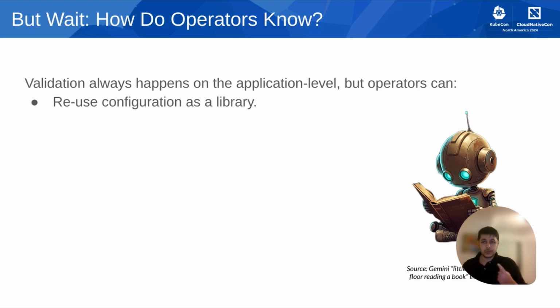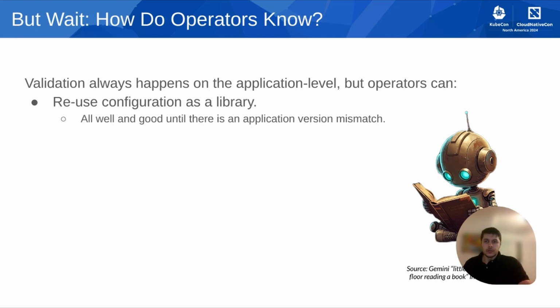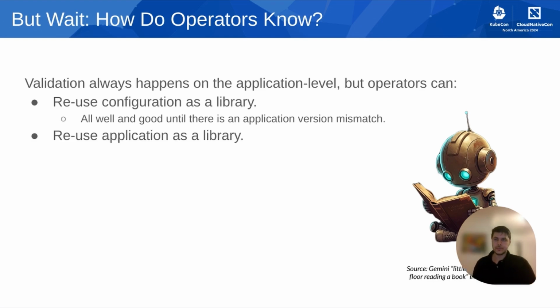So one solution to that is to reuse the configuration, to use the same library as the main application to validate the configuration, which is all fine and dandy until it's not. So if there's an application version mismatch, so for example, if your operator has one version of the validation library and your application has another version, that can cause some issues.